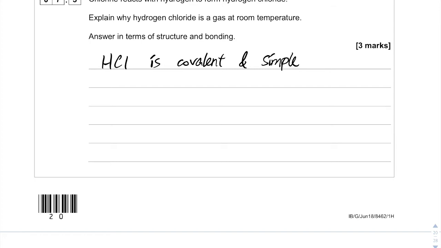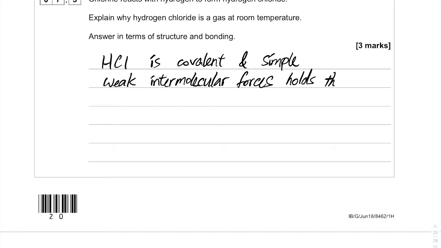So you have weak intermolecular forces hold the molecules together.